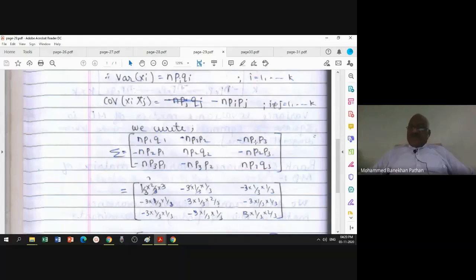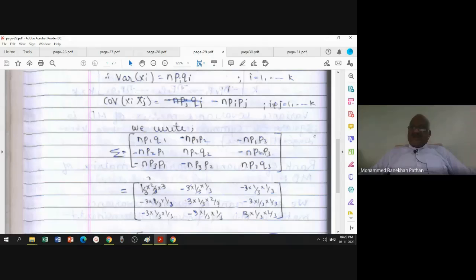The third element is minus n p1 p3. Similarly, here it is the second row and first column, so minus n p2 p1. Now this is the second row and second column, so it is a study of one variable, and that is a variance, n p2 q2.